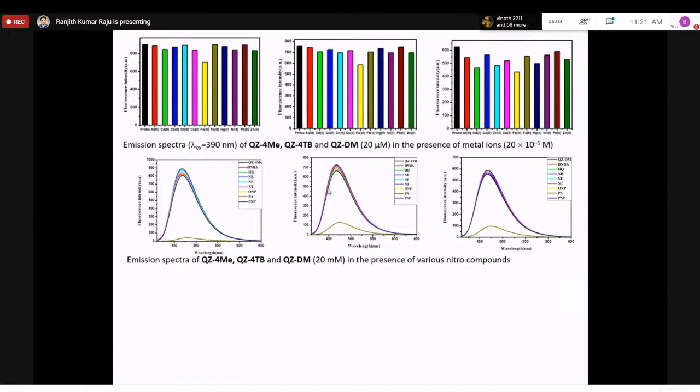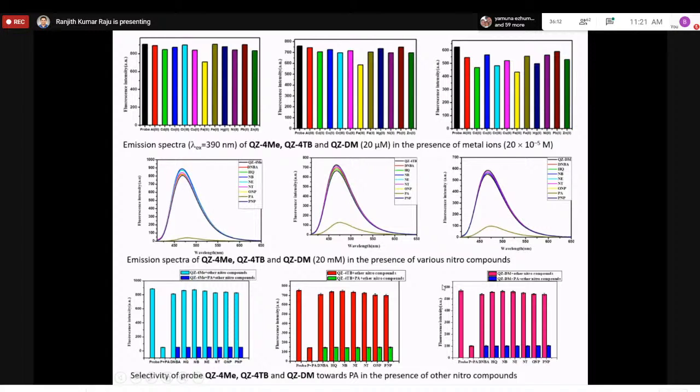You can see that the fluorescence was quenched in all 3 compounds. We introduced different kinds of nitro compounds, and we found that this compound selectively sensed picric acid. The graph shows the selectivity of this compound in sensing picric acid.